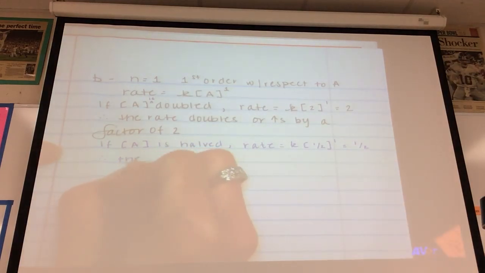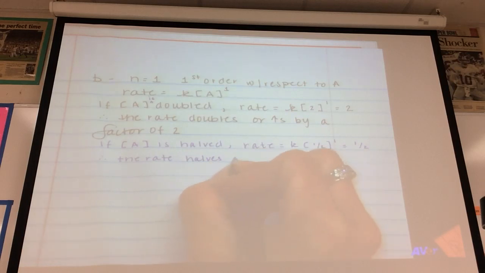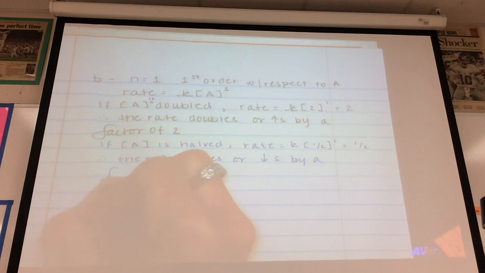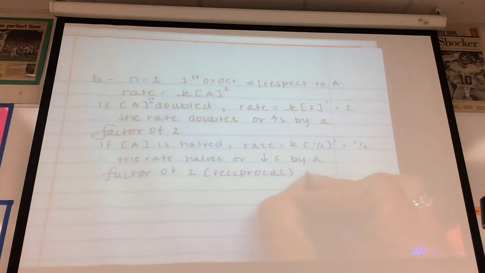Therefore, the rate halves or decreases by a factor of 2, which is the reciprocal of this.